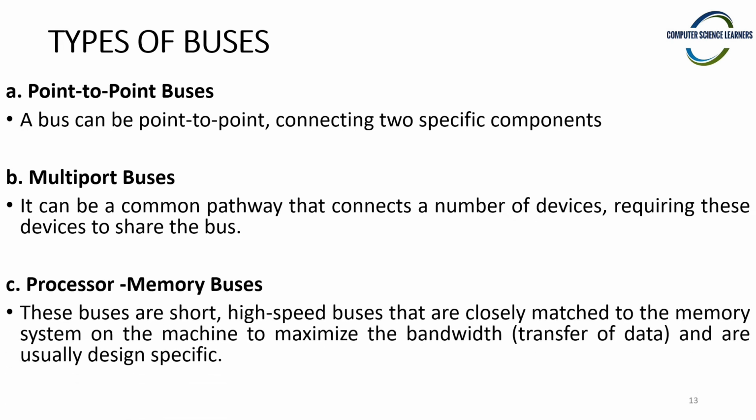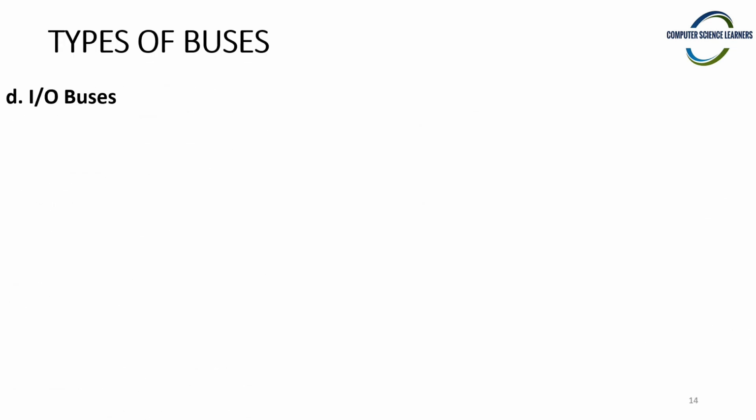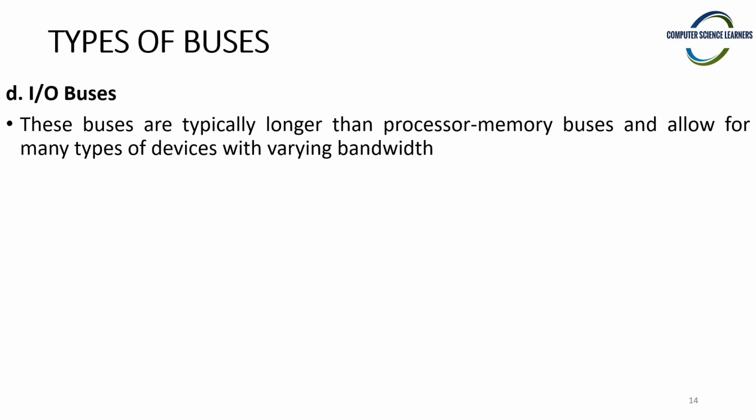Then there is the processor memory bus, a dedicated bus which transfers the data between the processor and the memory. And input output buses are responsible for transferring the data between the processor and the input output devices, or directly between input output devices and memory, right?